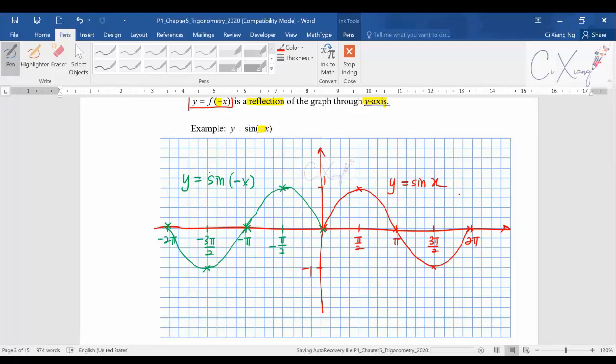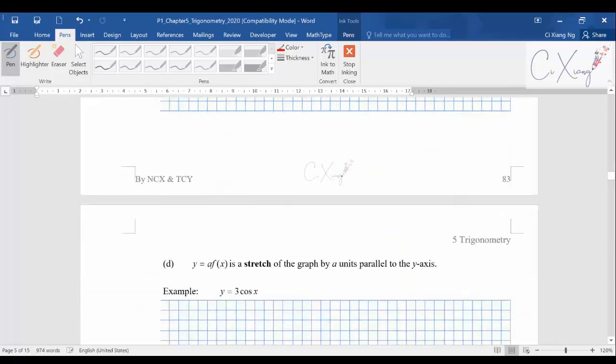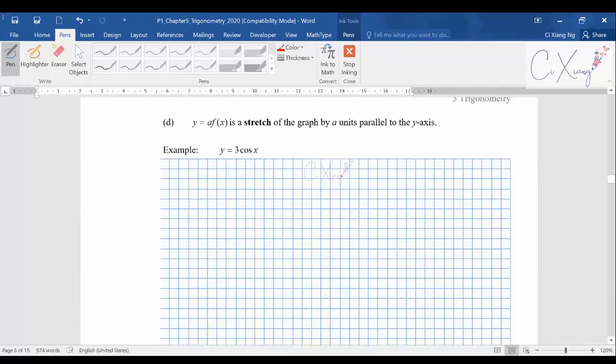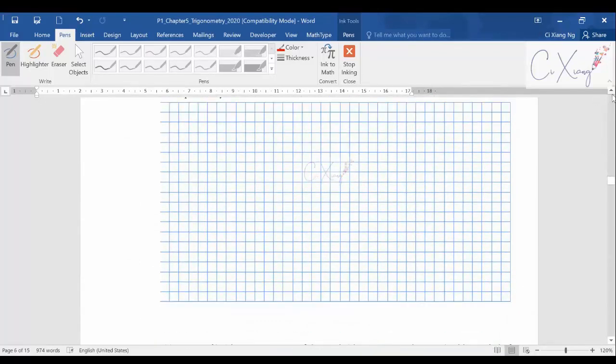Again, I cannot show you all the examples for all the transformations, but I hope that you can get some idea roughly from here. All right, then for the next one, we are talking about stretching, compressing, and everything.